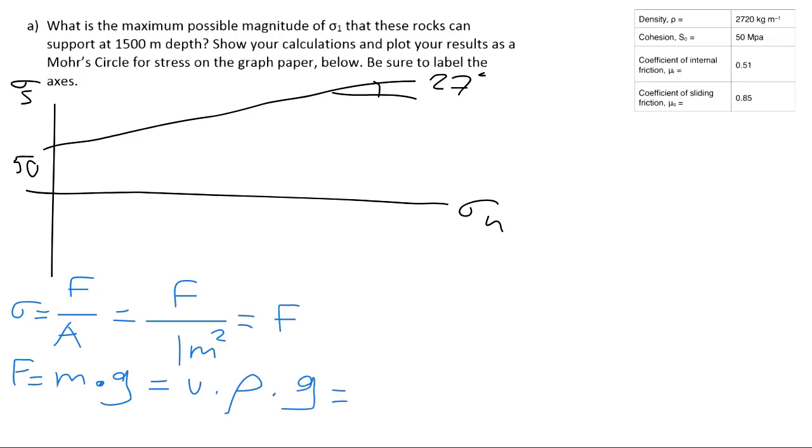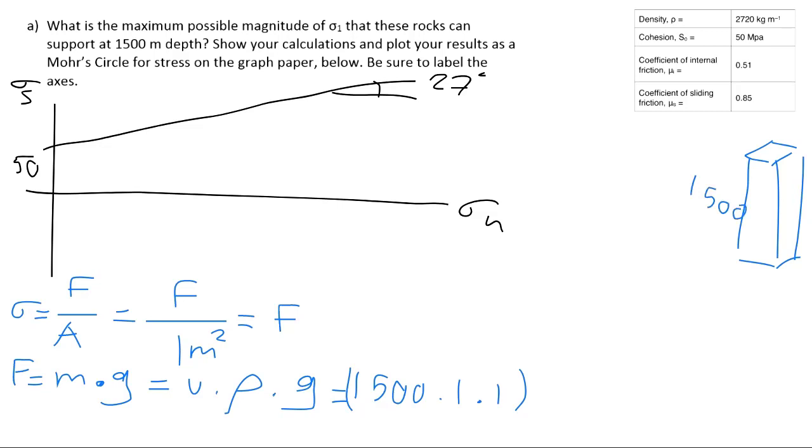So we have the volume, right? The volume is 1500 meters in the z direction, multiplied by 1 in the x direction, multiplied by 1 in the y dimension. So this is a column of rock, and the volume of rock is 1 meter by 1 meter by 1500 meters. Let's assume that's the column of rock, and here in the depth dimension it's 1500, and here it's 1, and here it's 1.